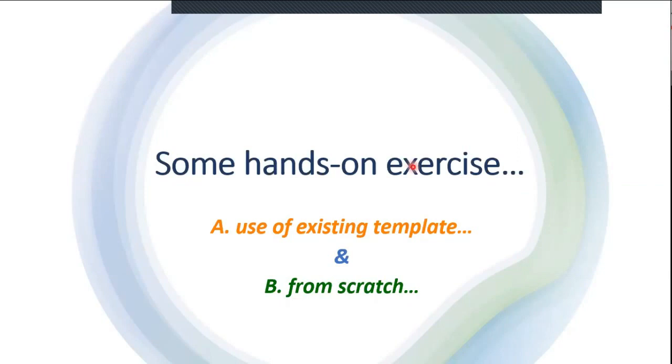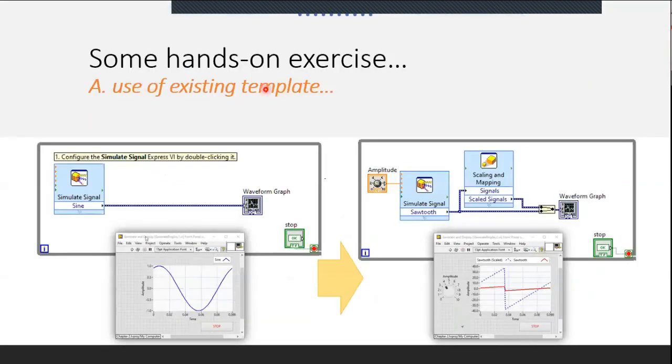First, what we do is this one. Using an existing template means LabVIEW already has a lot of functions as examples. We use that example and try to modify it. There is one example called simulate signal, and we modify it for how we want to use it. Do you remember that I mentioned there are VIs or functions or nodes we use?